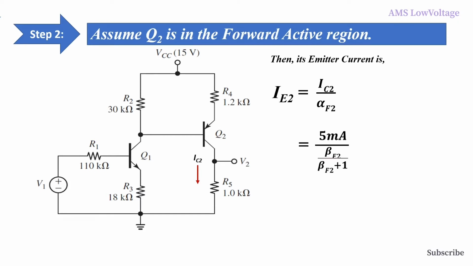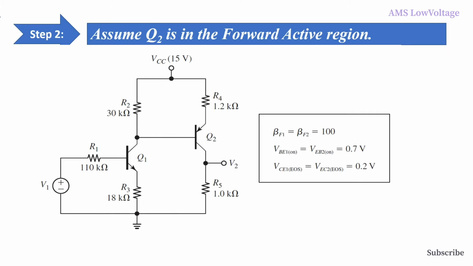We know that IC2 equals 5 milliampere, and alpha F2 equals beta F2 divided by beta F2 plus 1. So 5 milliampere divided by 100 over 100 plus 1.